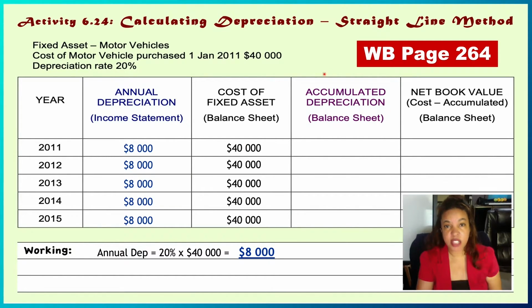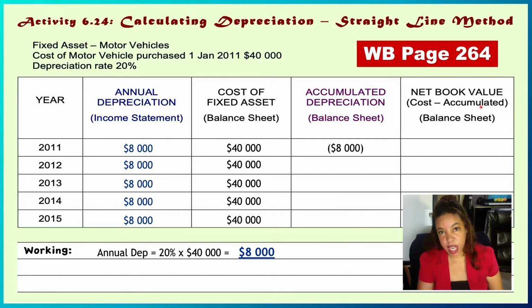Accumulated, as we said, is your total. So at the end of 2011, it depreciated by 8,000. So that means in total, for having used it for 1 year, it will be 8,000. So because of the 8,000 that has been accumulated, you have your net book value, cost minus the accumulated.